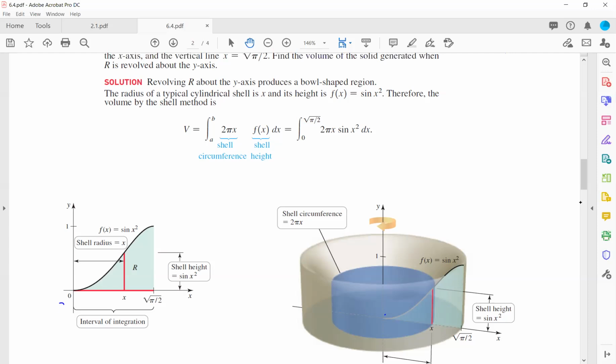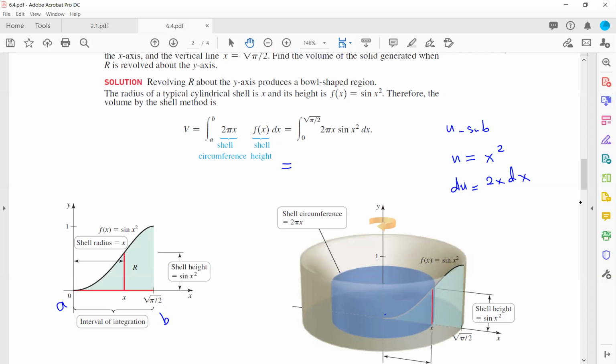So a, the lower limit, is 0, b, the upper limit, is square root of pi over 2, and your function is sine x squared. You can use the u-substitution method. Let u be x squared. So du is 2x dx.